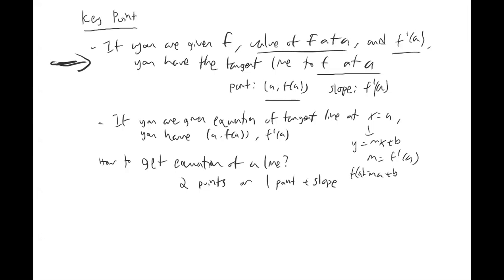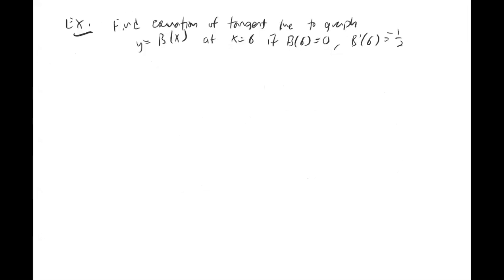Do I have that? I have the value of my function, right? At 6, it's 0. This is my point. And do I have the derivative? Yes, I do. My slope is -1/2. And again, once you have a point and a slope, you're done, right? You just use point slope form.